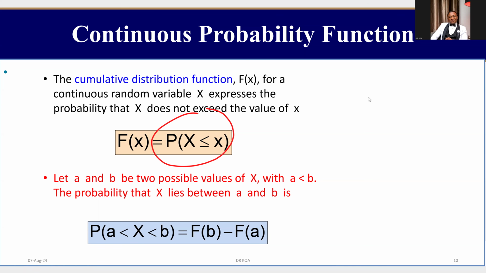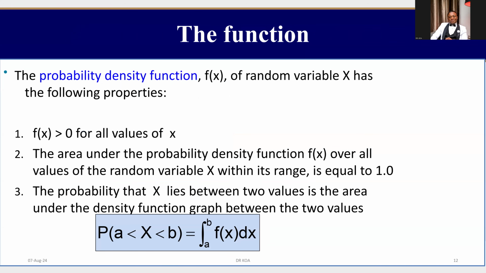Now, if we let A and B be those possible numbers, then the probability of X will lie between A and B. This is how we show that the probability of something is lying between this and that. Continuous probability distributions always have this situation. But just know the difference between continuous and discrete.